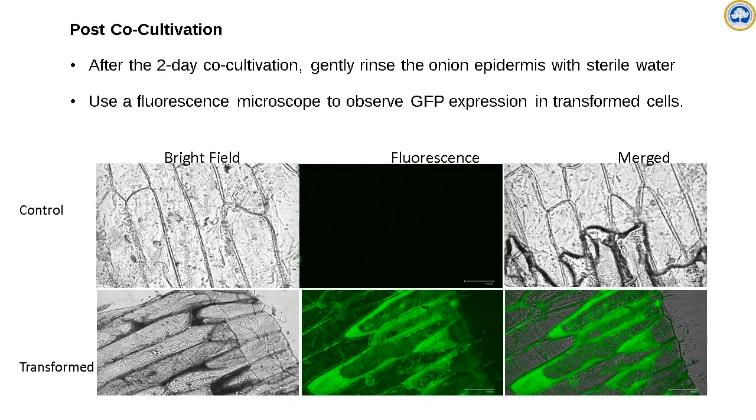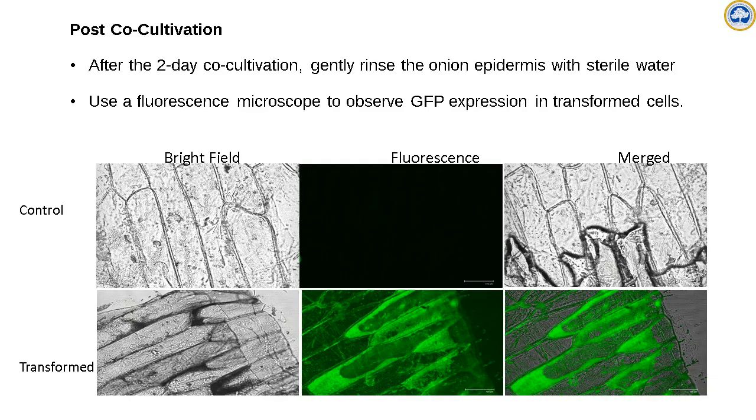Here we see the expression of GFP. The first panel is the control panel, where we have three categories of pictures. One is the bright field, the second is the fluorescent image for GFP, and the third is the merged image of the bright field and the fluorescence.